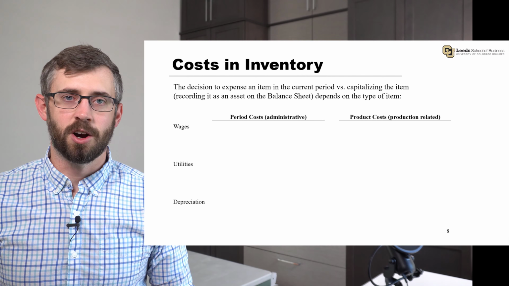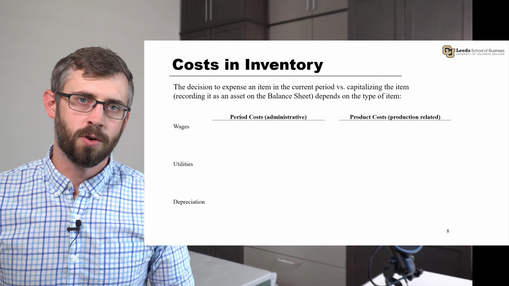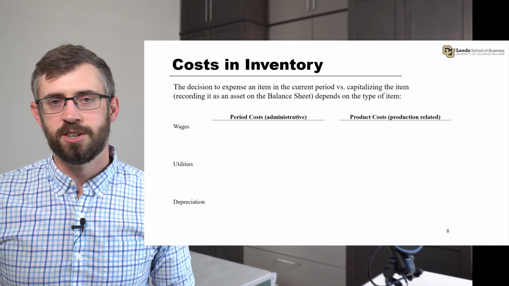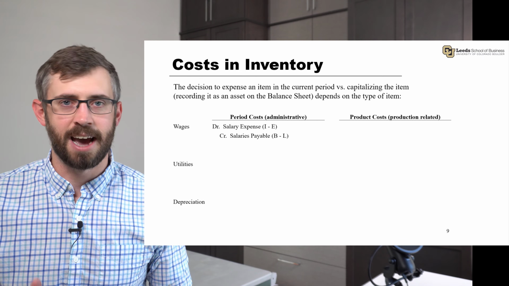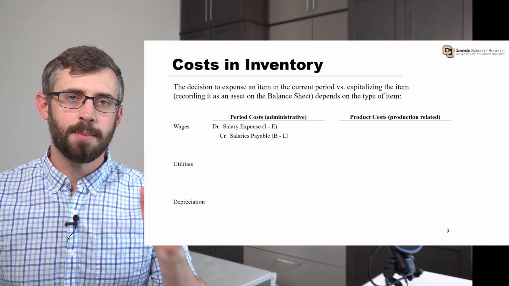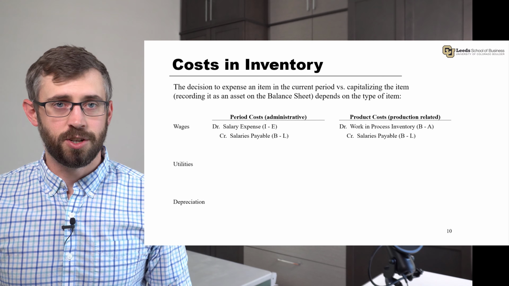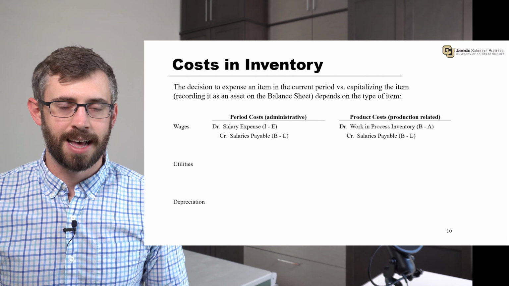So let's say we're paying our employees, the accountants, the salespeople, the people that work in our headquarters, the admin people. All of their wages are going to get expensed as incurred. So as we pay these things, we'll credit cash or credit salaries payable, and we debit the expense immediately. Now, if these wages are related to the production of inventory, we're still going to credit our cash or credit our salaries payable.